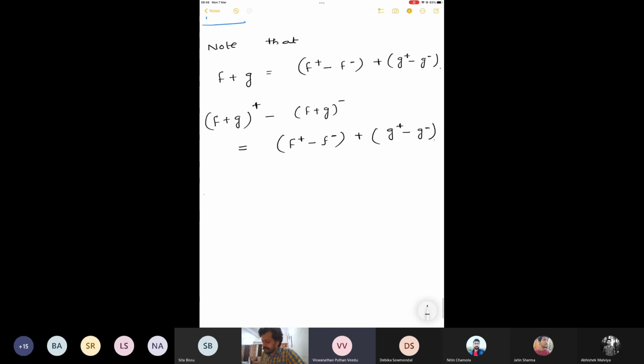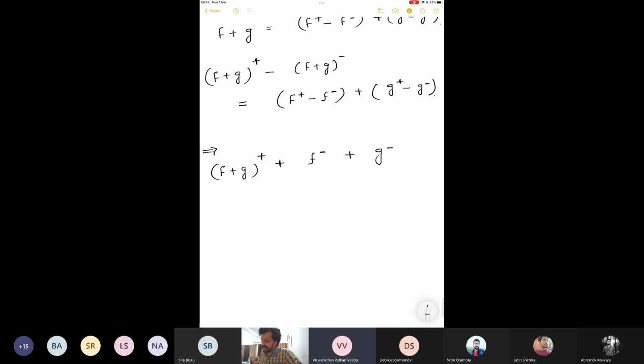That implies f plus g positive part plus f negative part plus g negative part, and remember all these things are non-negative, is equal to f plus g negative part plus f positive part plus g positive part. I segregated on both sides the non-negative functions without any negative sign.